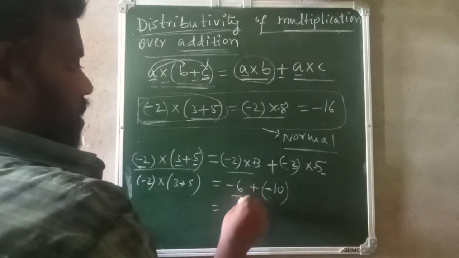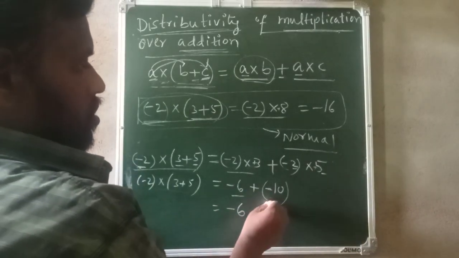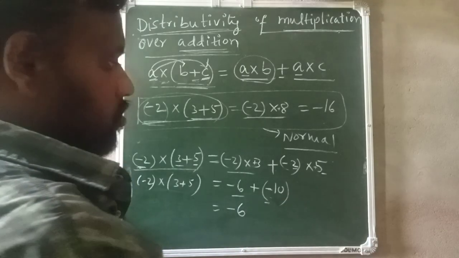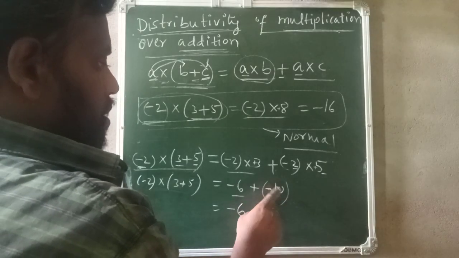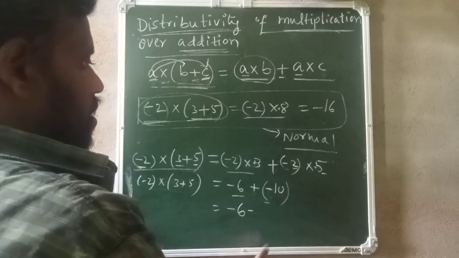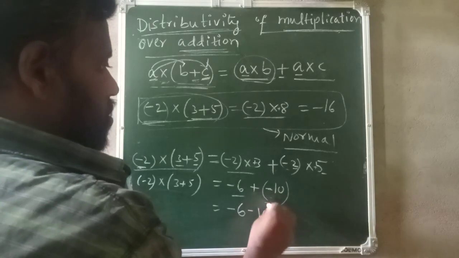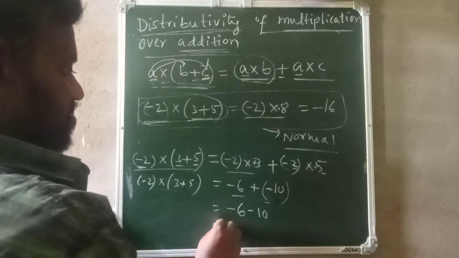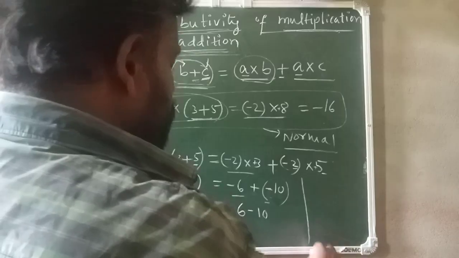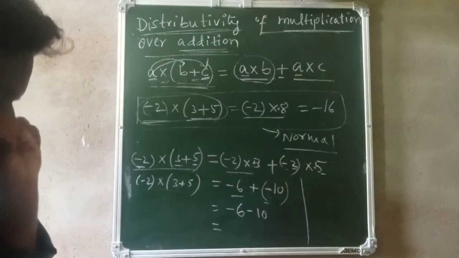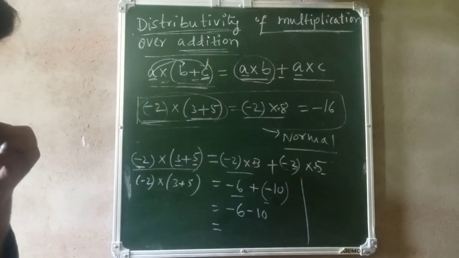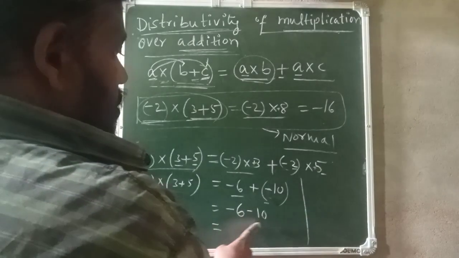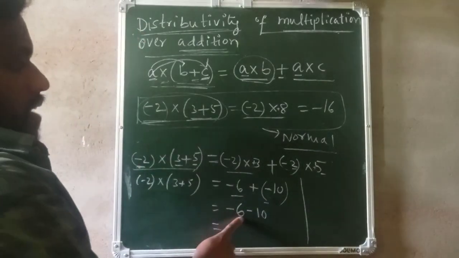So next step, minus 6, write as it is. A bracket means it's like into. So plus into minus, okay, 10, you write as it is. Now what do you have to do? Here 6, here 10, so this is minus 6 minus 10.